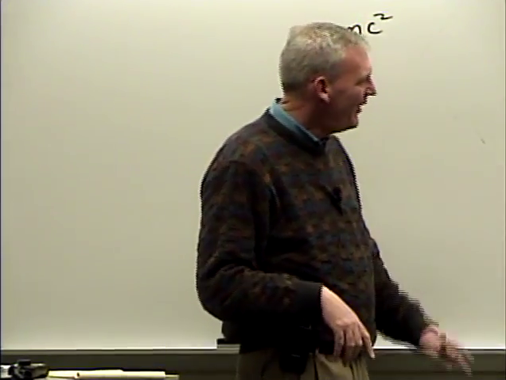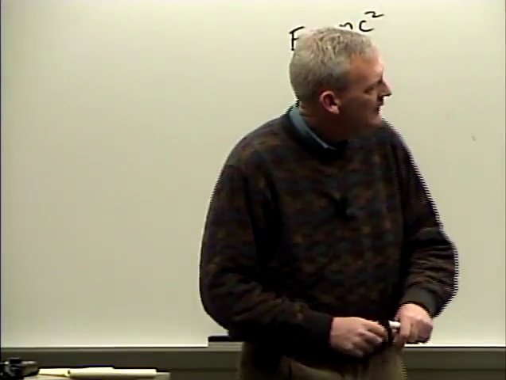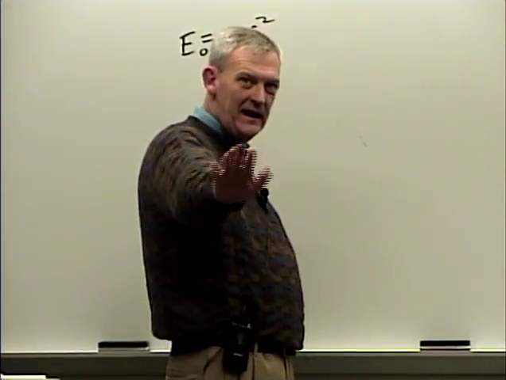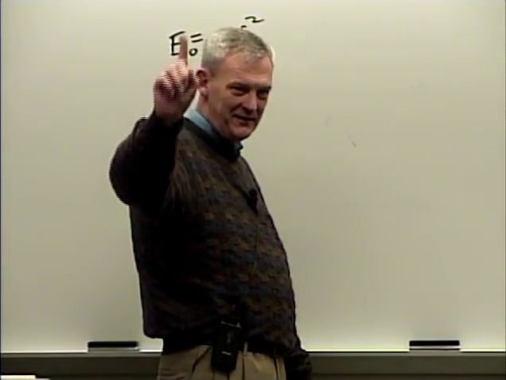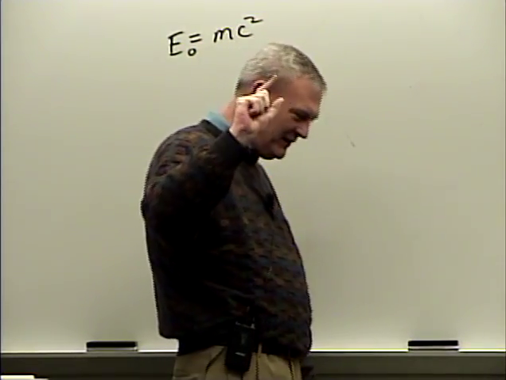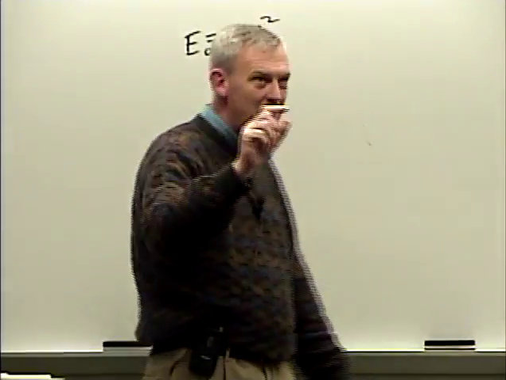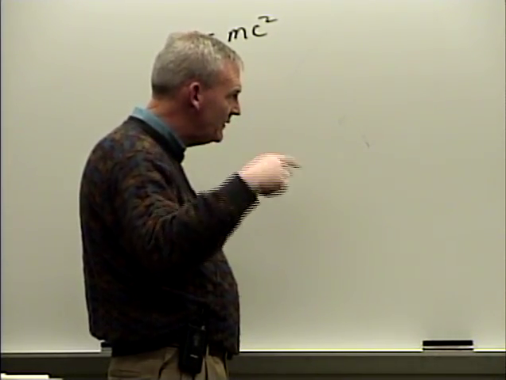So specific heat is this. The specific heat of water in chemistry class is 1, because 1 calorie is how much energy it takes to raise 1 gram of water 1 degree Celsius.